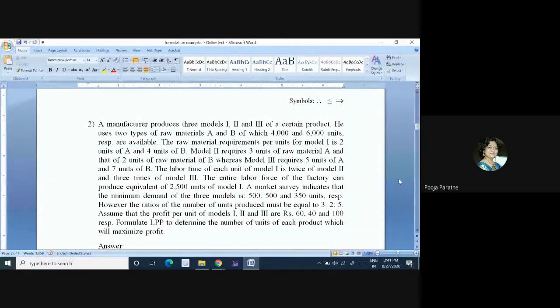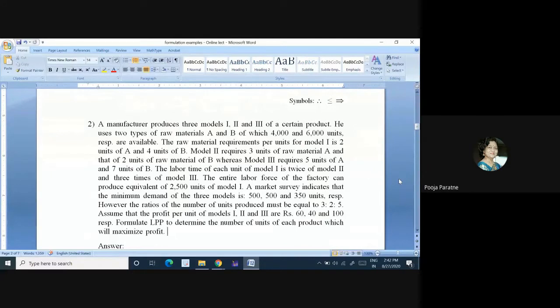A manufacturer produces three models, 1, 2, and 3, of a certain product. He uses two types of raw materials, A and B, of which 4,000 and 6,000 units respectively are available.